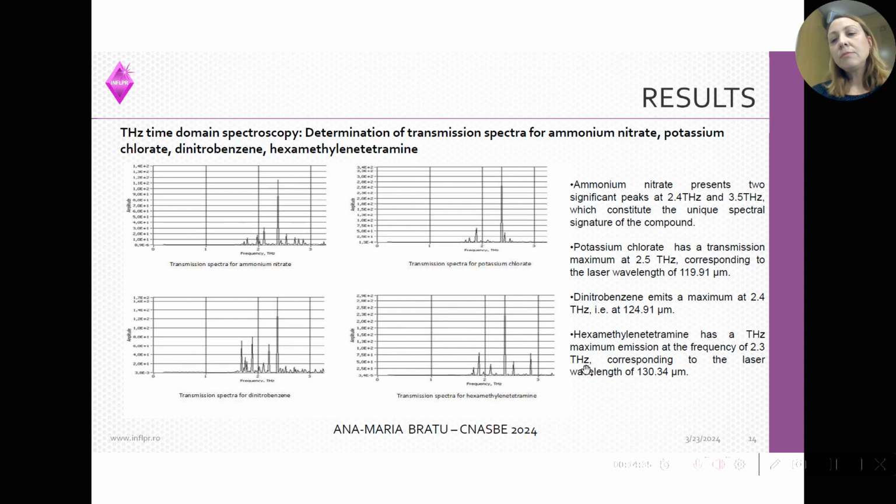If laser photoacoustic spectroscopy is a mid-infrared method, terahertz spectroscopy is a far infrared method. So we can say that we identify substances from mid-infrared to far infrared spectrum.